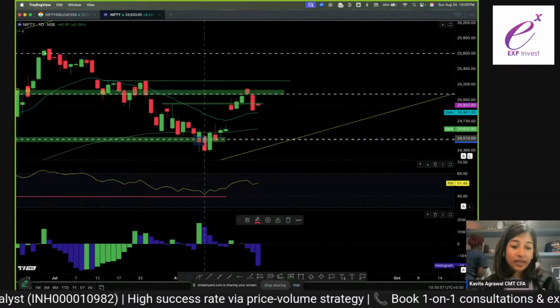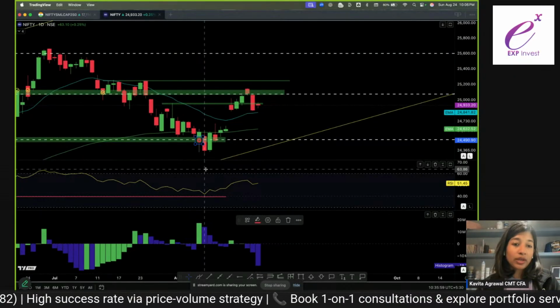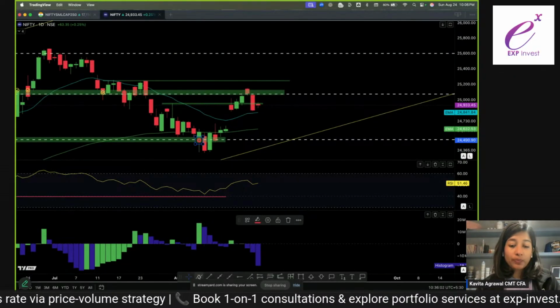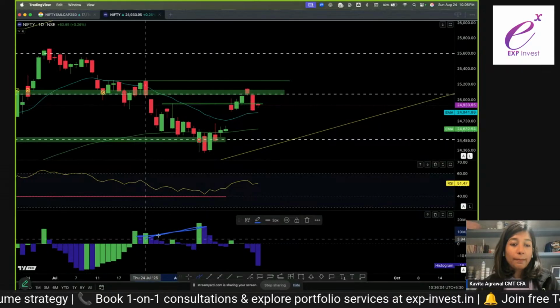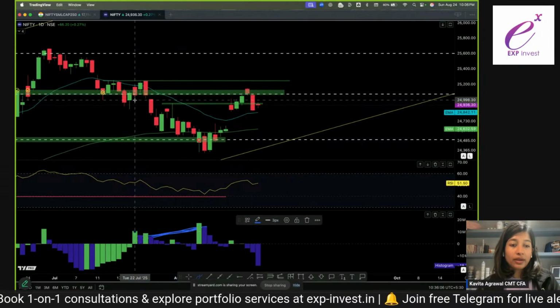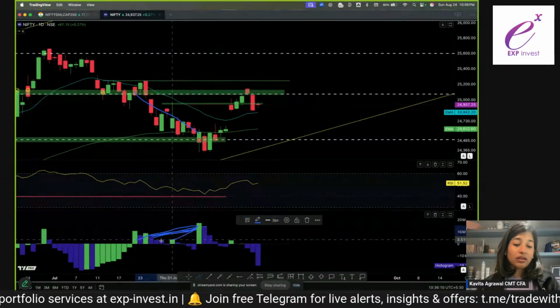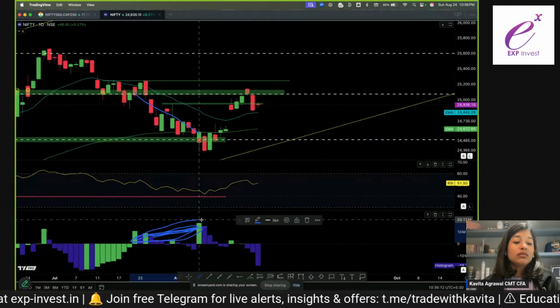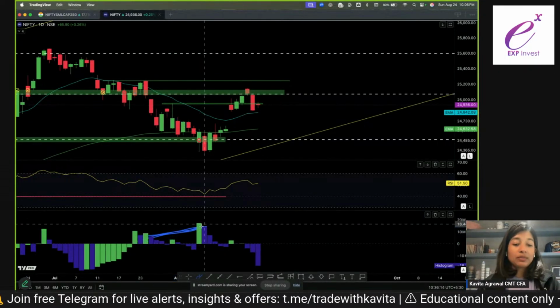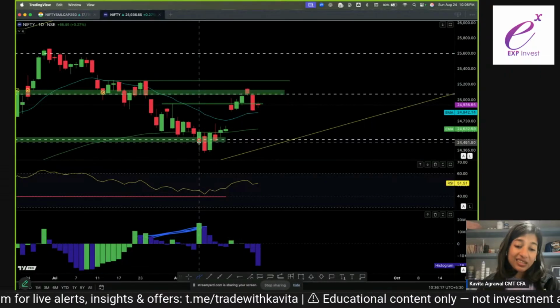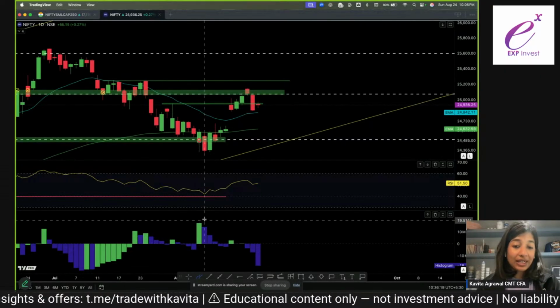One thing that does worry me based on the chart that I'm looking at right now is that volume picked up over here, right? And when that happened, even though it's not a very smooth pickup, it's more in fits and starts, still overall the price has been in decline.